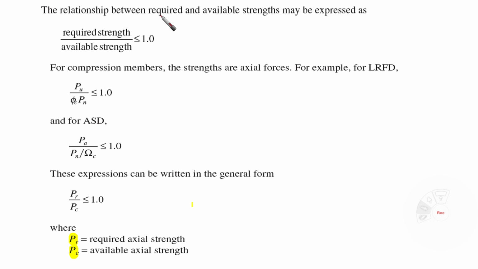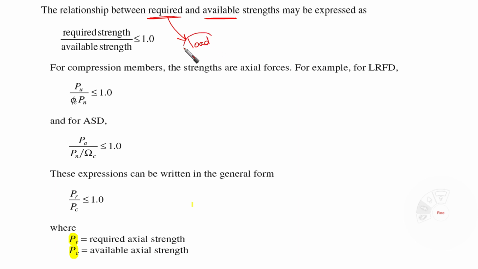The relationship between the required and available strength may be expressed as usual. We are always talking about required and available. Required comes from the load combination in general, which is coming from the gravity load, wind load, earthquakes, and so on.